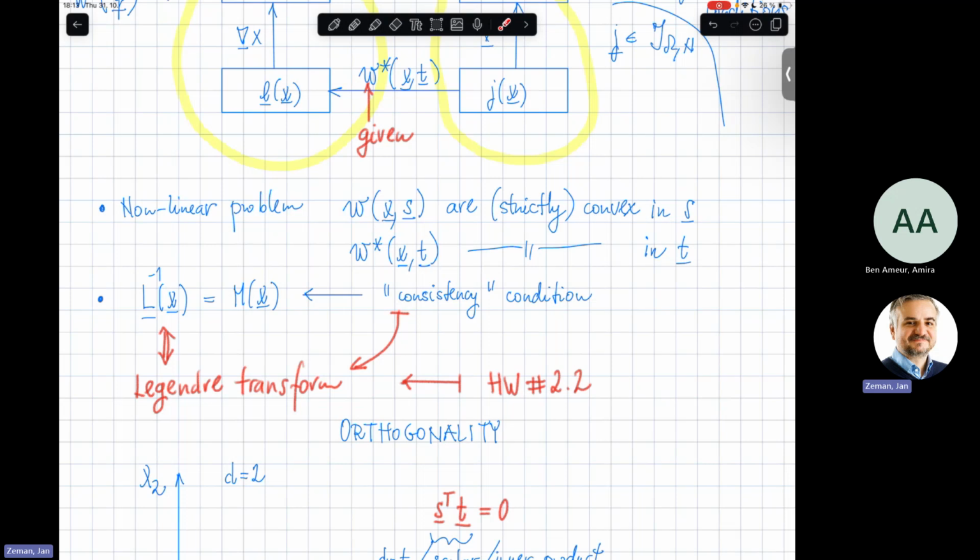And the second remark was based on the fact that I was a bit obsessed with the consistency condition at the very introduction of the course. And this consistency condition says that these two matrices for every x are mutually inverse.